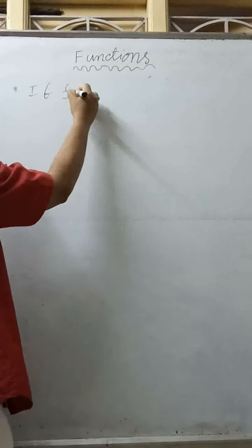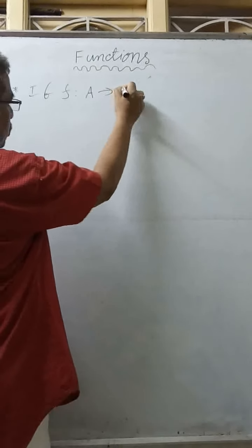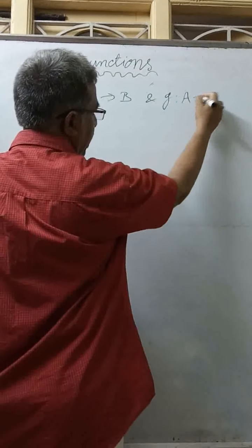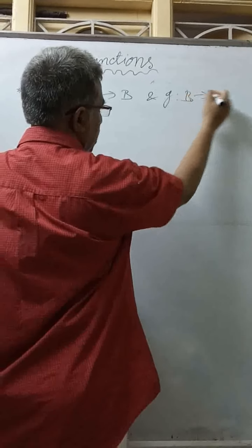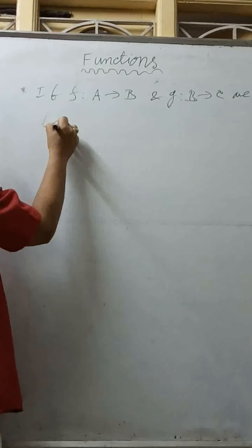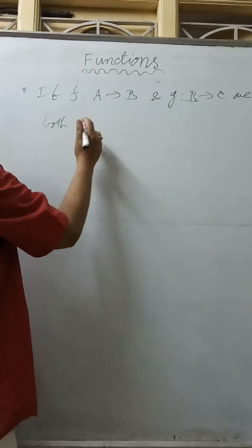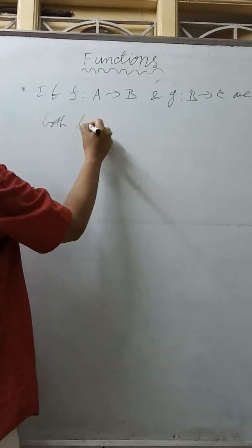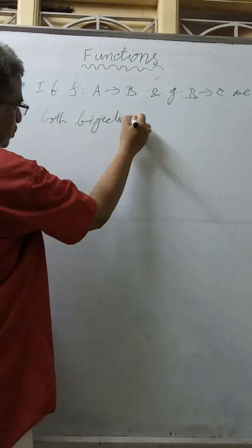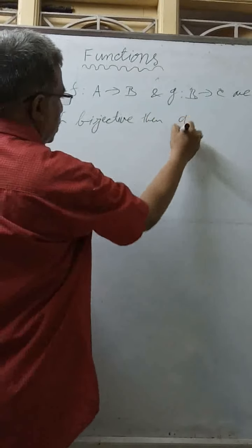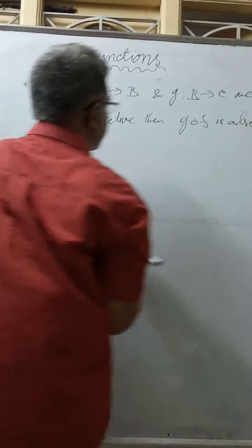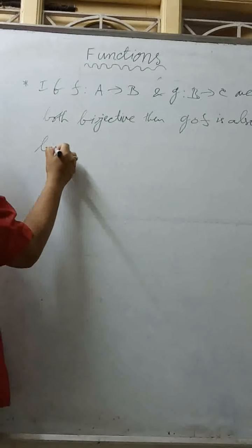If F is from A to B and G is from B to C and both are bijective, meaning one-one and onto, then G circle F is also bijective.